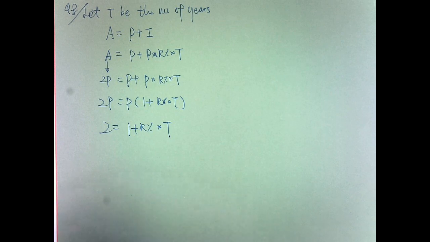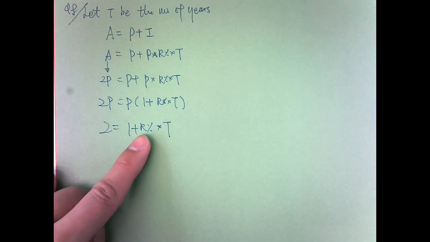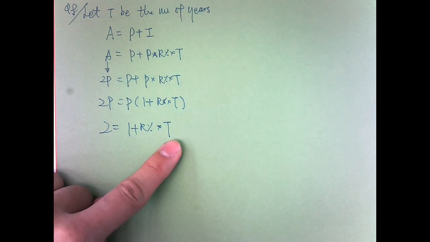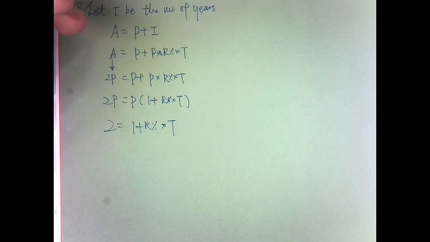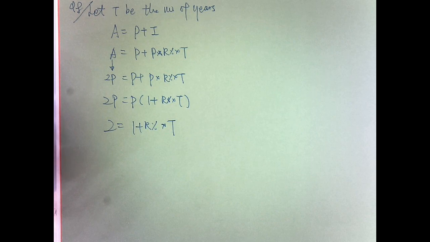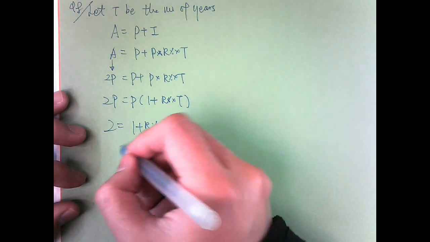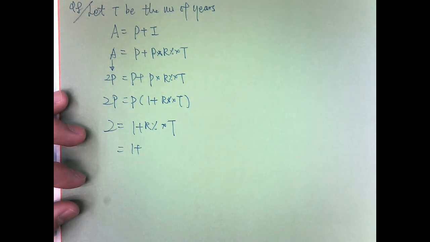So at this moment, you can plug in the R% so that you can calculate the T. Meaning that during the calculation, you can actually cancel the P. This is the difficulty of this kind of questions. So now you can plug in the R% is 16%.